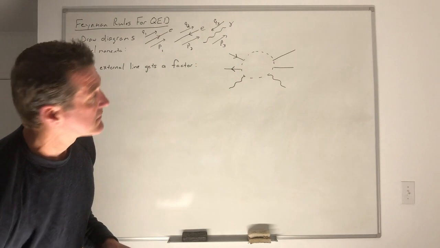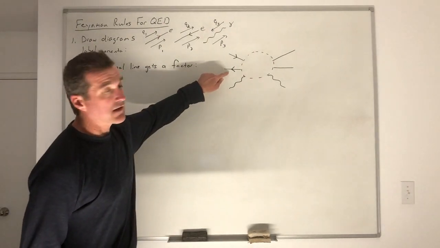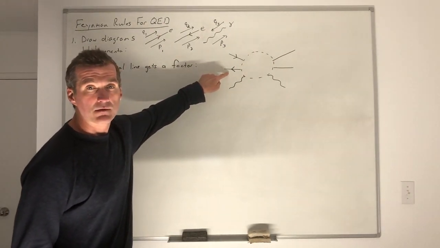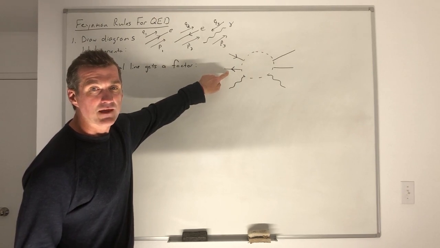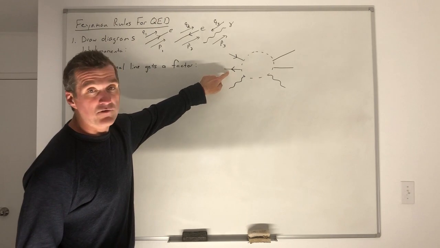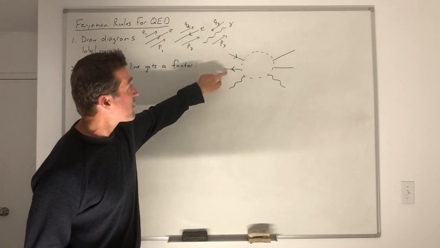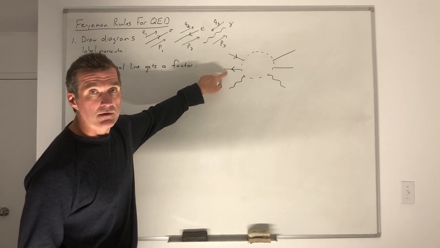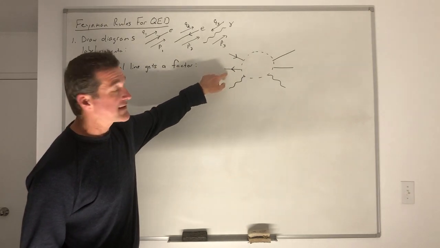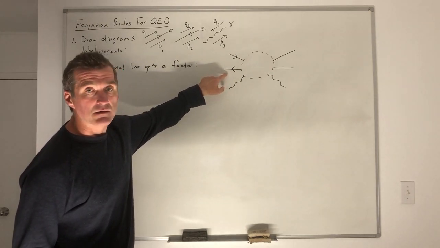Madison, what's going on here? Is this a particle coming into the interaction or leaving the interaction? It's going into the interaction. And so if that arrow points in the opposite direction, what is it?